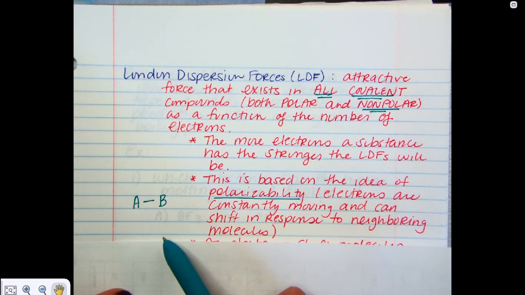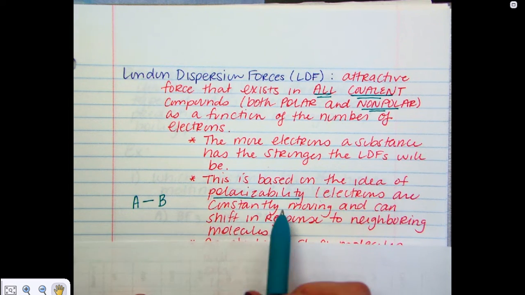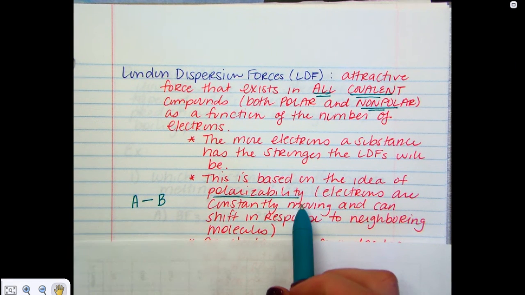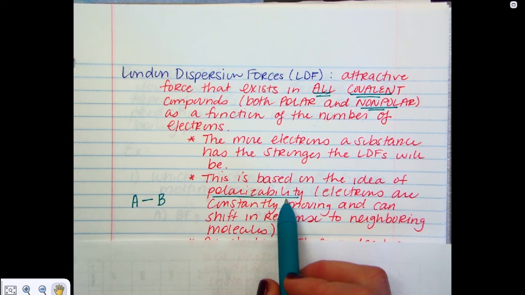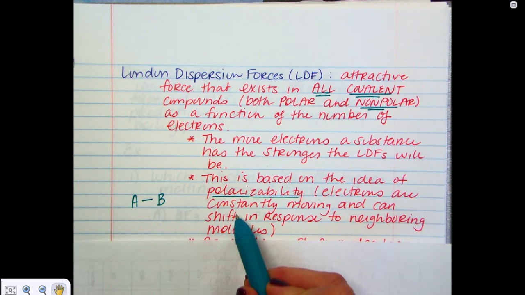Yes, absolutely. So what we're saying is that something that is nonpolar has the ability, because of the constantly moving, constantly shifting electrons, to have instantaneous moments where it is polar. That's what polarizability is. It's the ability to alter or influence the distribution of the electrons for just a minute to make really tiny, really weak partial negatives and partial positives for any one moment.